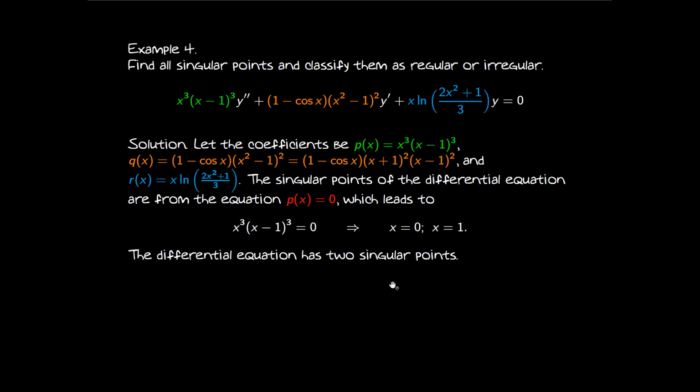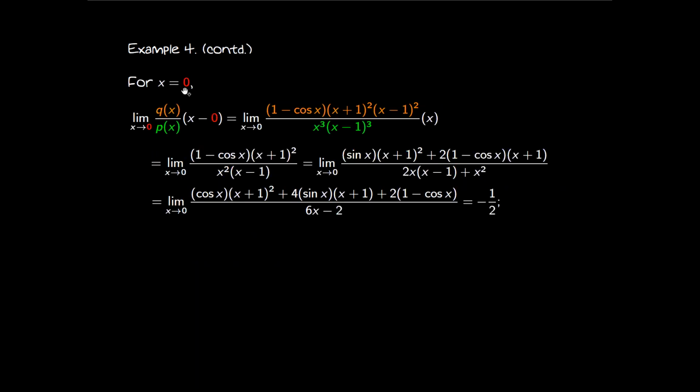Now for each of them, we need to check two limit problems. For the first one, when x is equal to 0, you use q over p times x minus 0 as x approaches 0. You need to check this limit. We plug the coefficient functions in, and x minus 0 is simply x.